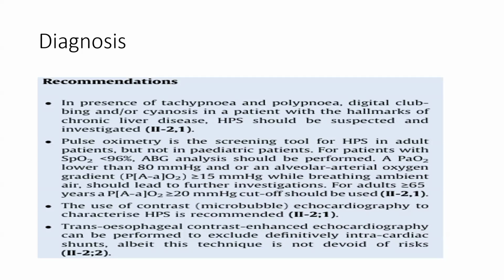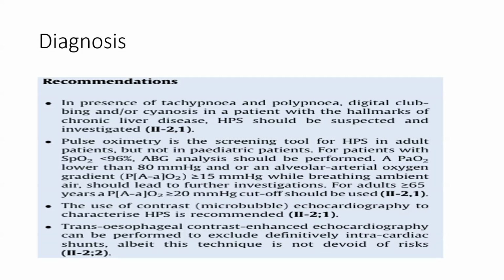For a patient with saturation of less than 96%, ABG analysis should be performed, and PO2 lower than 80 mmHg and an alveolar arterial oxygen gradient of more than 15 mmHg while breathing ambient air should lead to further investigation. For adults more than 65 years, a gradient cutoff of more than 20 mmHg should be used.